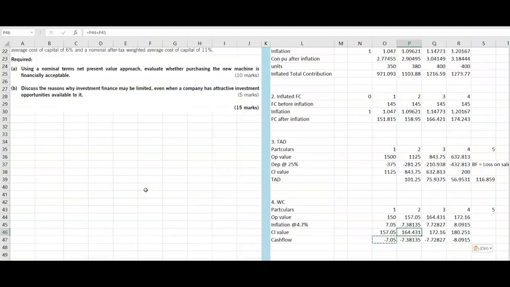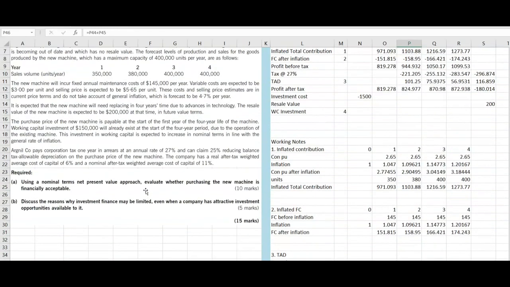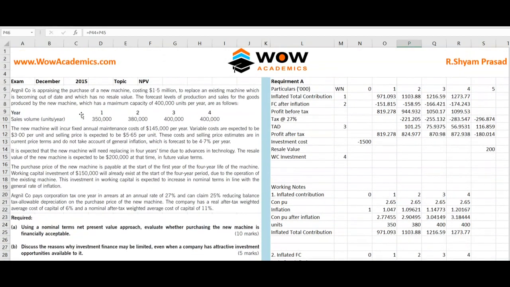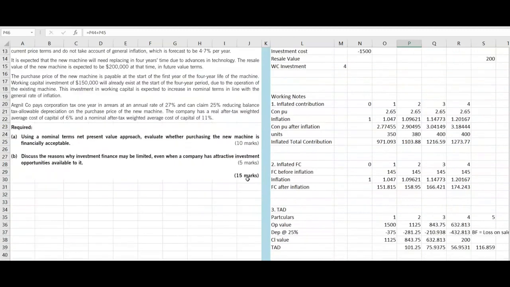We have to check whether the working capital is released or not. So we'll check. If you go to the first paragraph, it says it is expected that the new machine will need replacing in 4 years' time due to advances in technology. So the working capital is not going to be released because there's another machine that is going to be purchased.